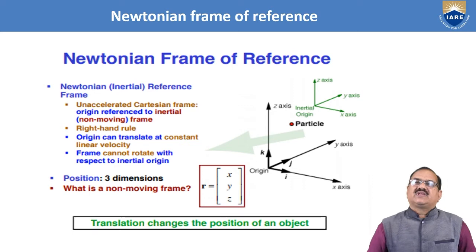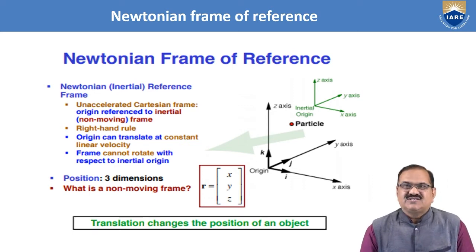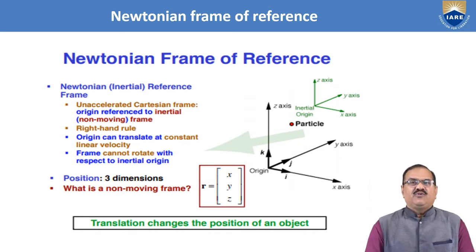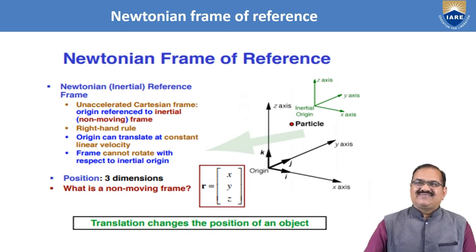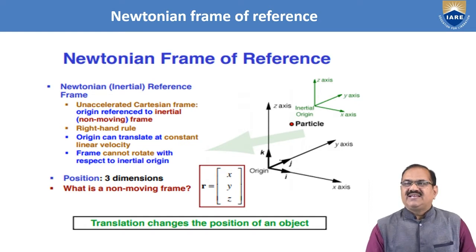Now, what is the Newtonian frame of reference? You can see here that this is a Newtonian inertial reference frame. It is an unaccelerated Cartesian frame with its origin referenced to the inertial, non-moving frame. Here you can see the origin, which is not moving, and x, y and z, and the particle is moving in this direction.